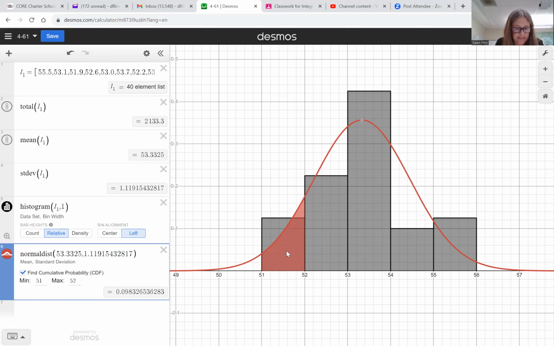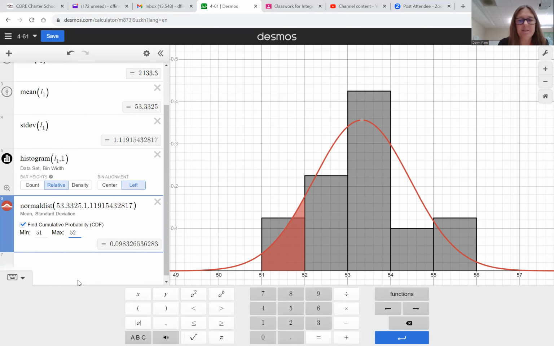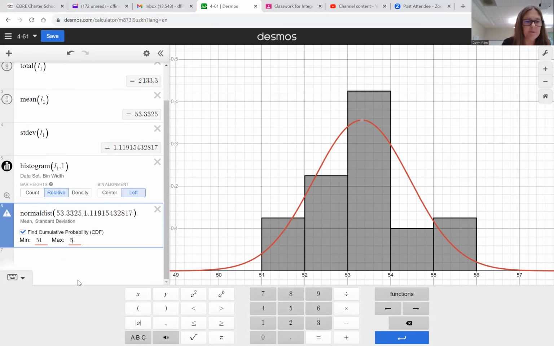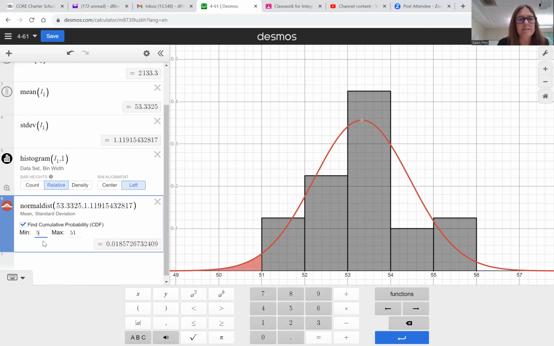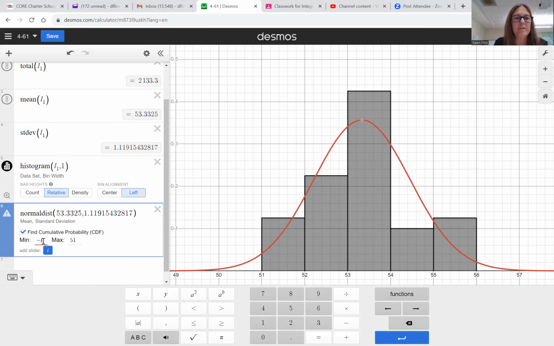Now letter E says, use the model to predict how many of the racers are expected to have a hat size smaller than 51. I would think not that many, but smaller than 51 would mean up to 51. So I'm going to have to write negative infinity. So that gives me about 1.8%.